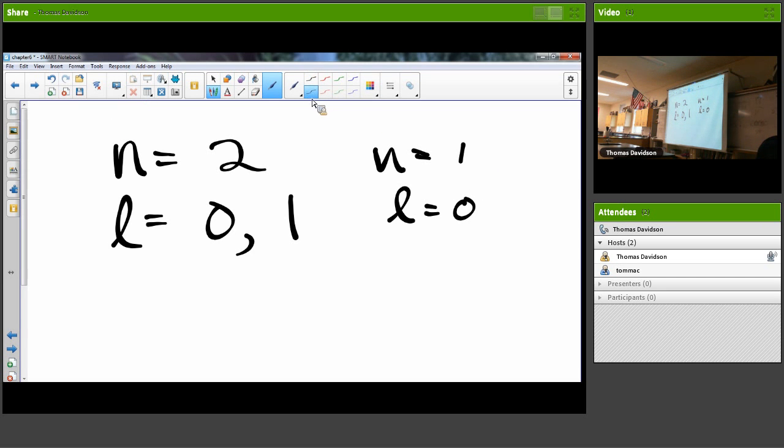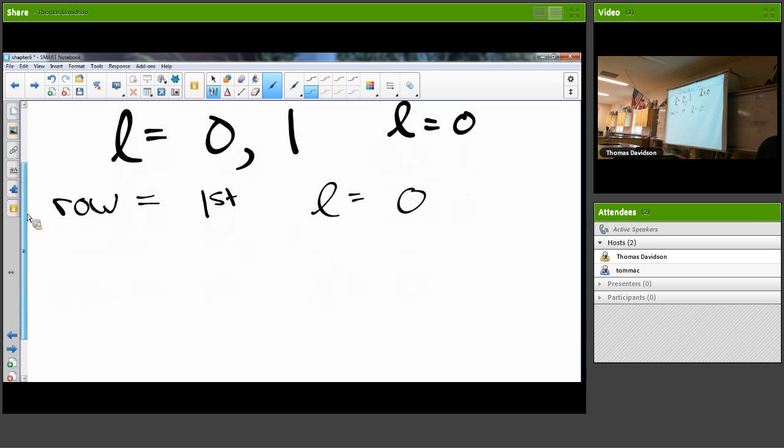If the row I'm talking about is the first row, my L value can only be what? A 0. Now, I gave you just a little table. What does a 0 correspond to in shapeland? S, right? So in the first row, the only allowed shape would be what then? A sphere. Sort of with me?